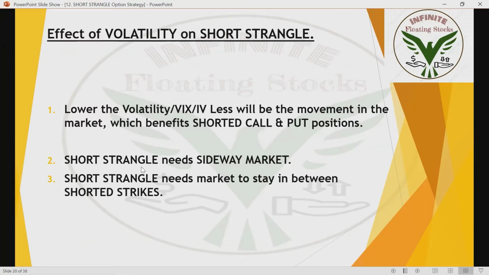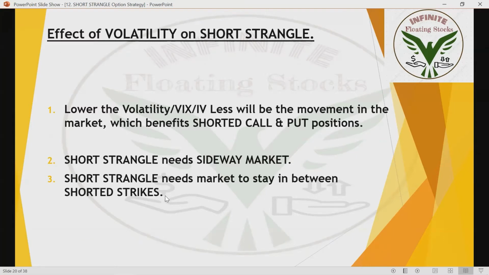Okay, so short strangle needs a sideway market. Sideway market in the sense it moves sideways and stays in that range only. It should not break the boundaries. That is why we need a less volatile market and sideway market for us to gain maximum profit from short strangle option strategy.